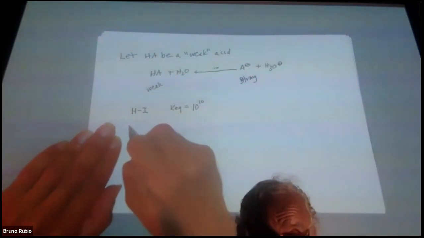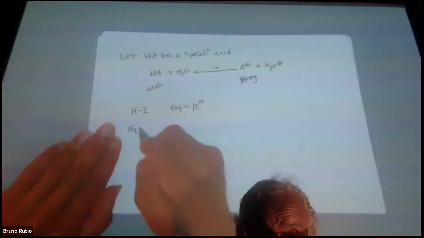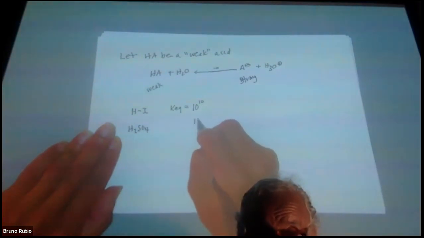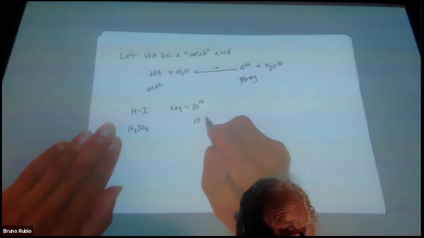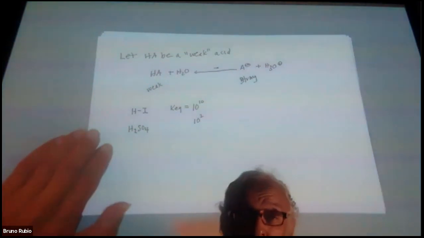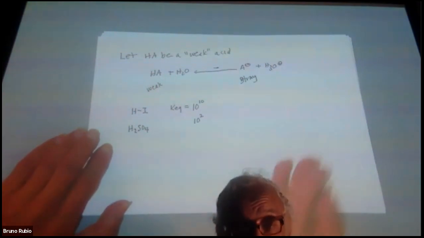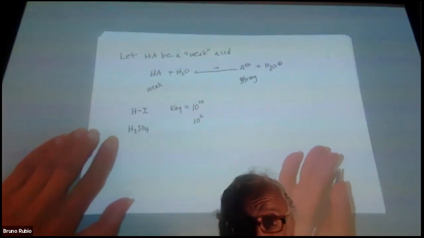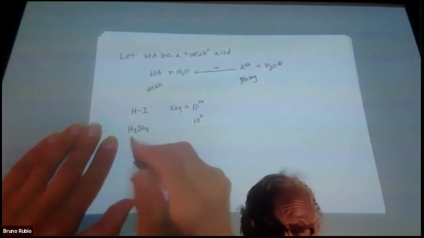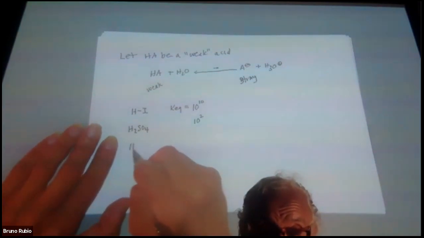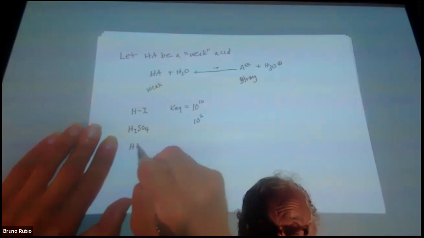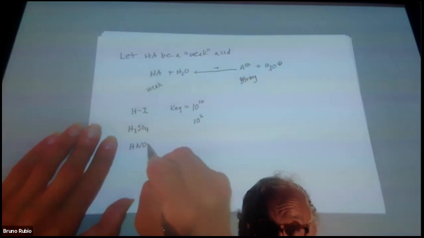So sulfuric acid is another acid that we know about. And the KEQ for its reaction with water is 100. So it's still greater than 1. So H2SO4 is still considered a strong acid. Another acid that we are familiar with perhaps is nitric acid.